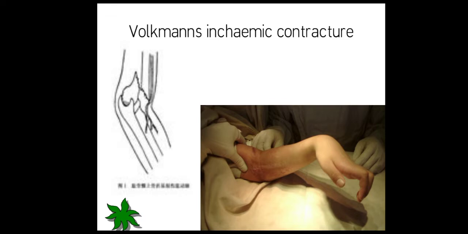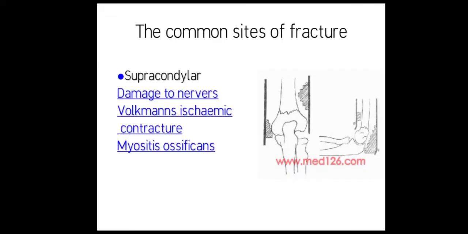Here you can see the Volkmann's ischemic contracture. If there is damage to the supracondylar region, it can cause damage to ulnar nerve or median nerve sometimes.